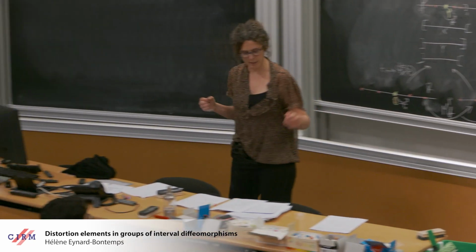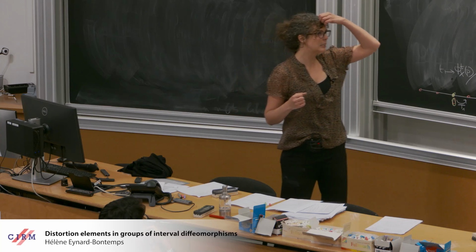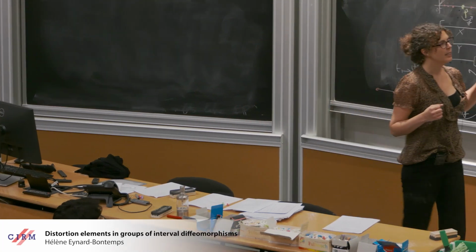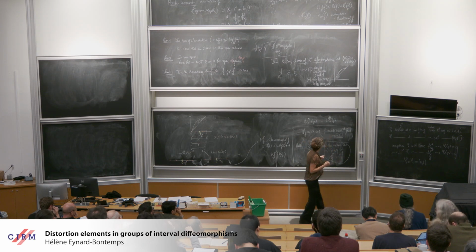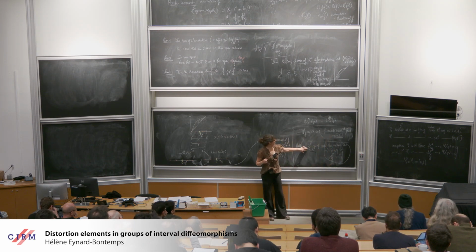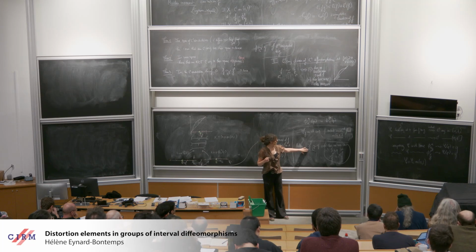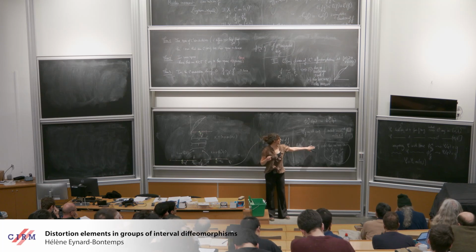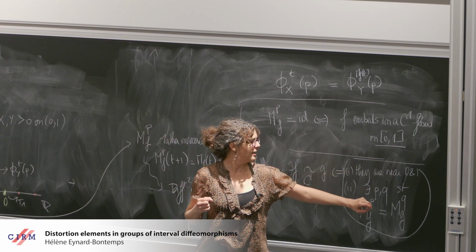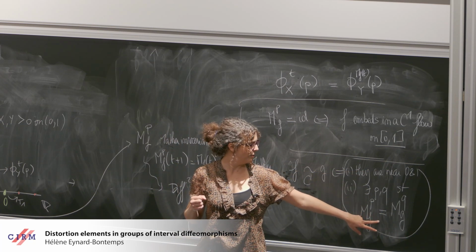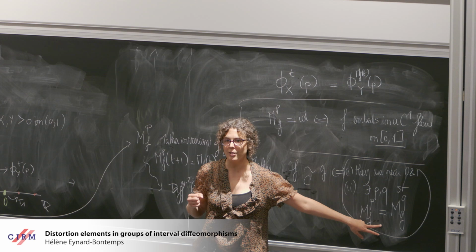I just made this very quick sketch of proof to warn you about the fact that, unfortunately, this does not generalize to higher regularity. You could want to write that f and g are C^r conjugated if they are C^r conjugated near the boundary and they have the same matter invariant, which are C^r diffeomorphisms.